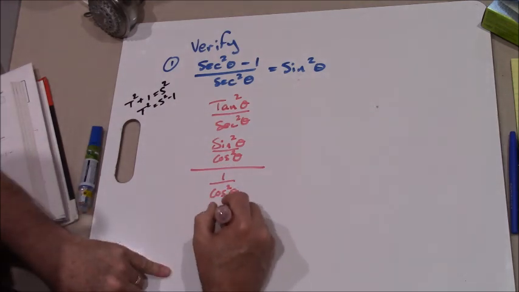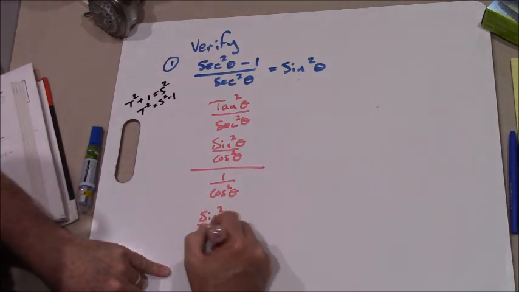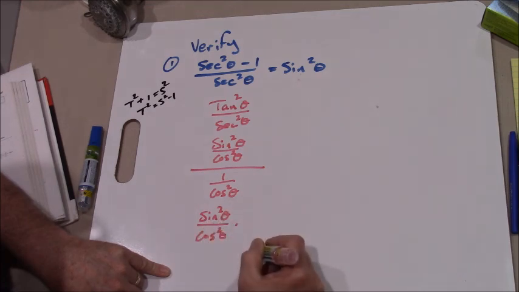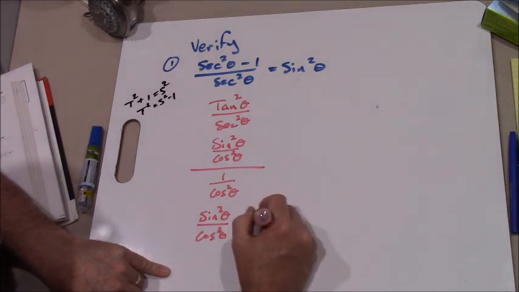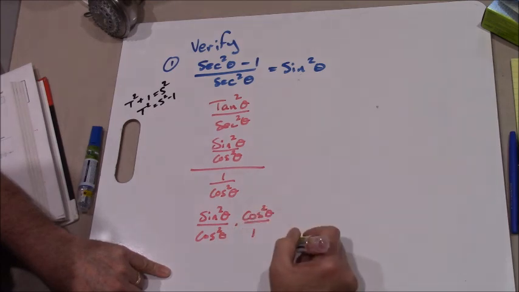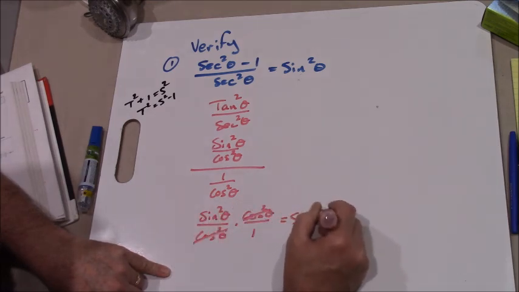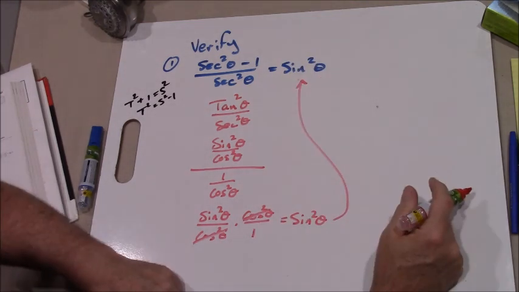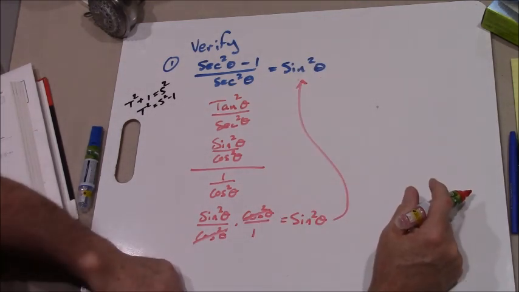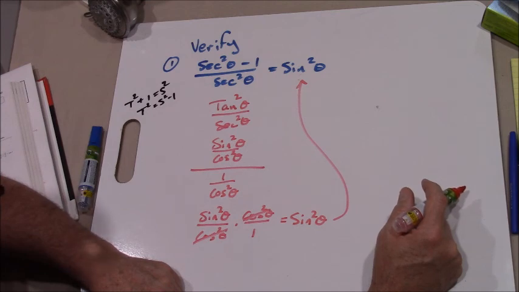So sine squared theta over cosine squared theta times, flip that over, cosine squared theta over 1. Those cancel, and I got a sine squared theta. So there's 3 different ways to do just that one problem.